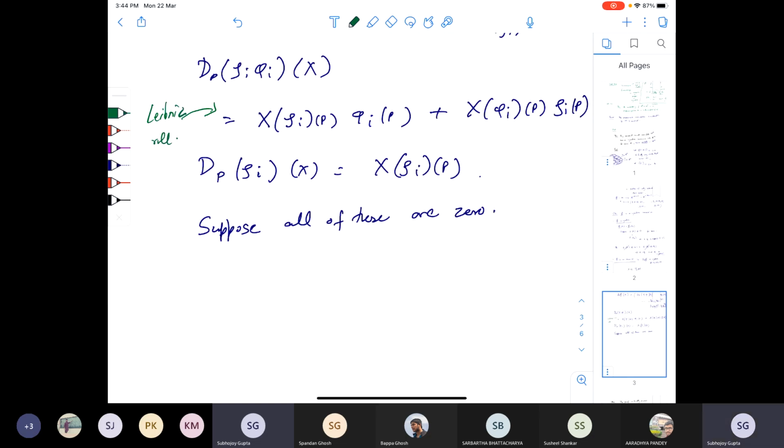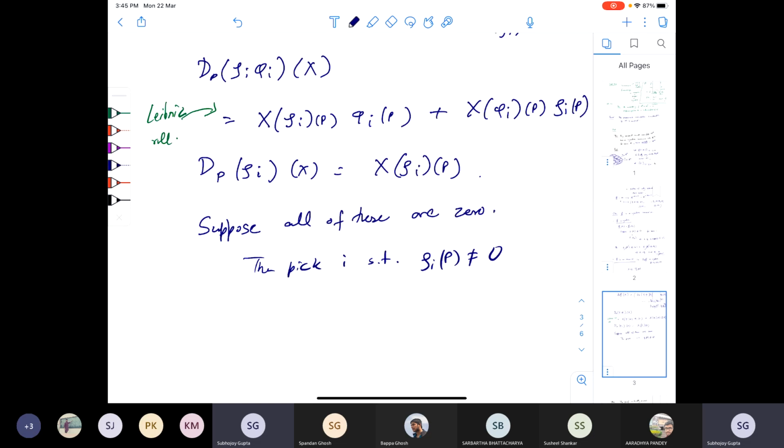Okay. Right. So if these are all 0, then this term here vanishes for all of them, right? And you're left with these. And moreover, for any p, you can pick some i so that rho i of p is not 0. So let me come back to this. Pick an i such that rho i of p is not 0.